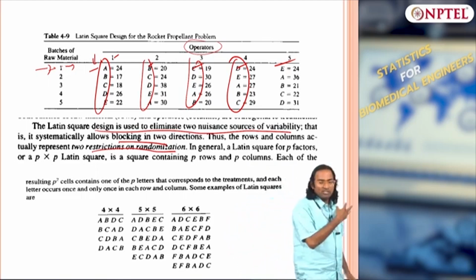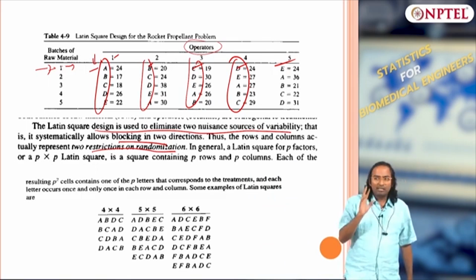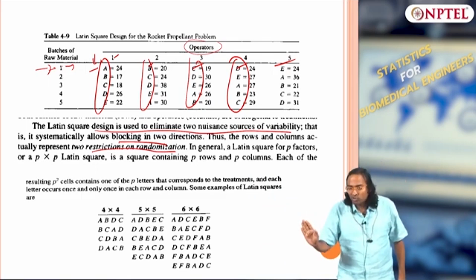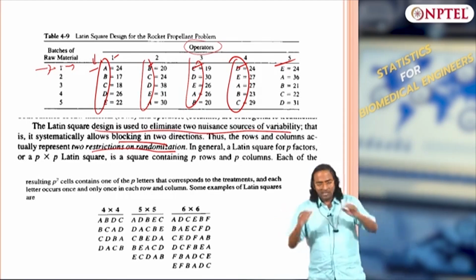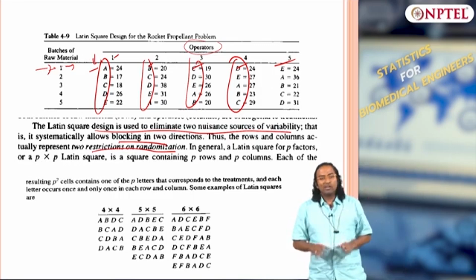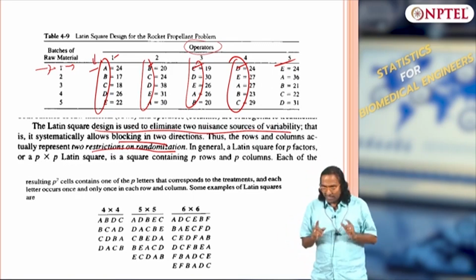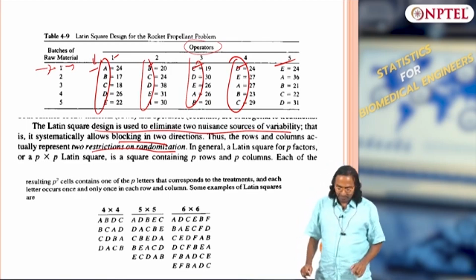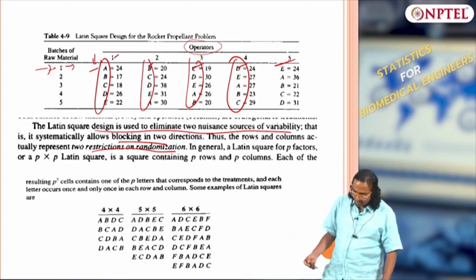So this is your square design, and you cannot go for a non-square design here. The moment you talk about 3 factors, it especially comes to a square design. You can create multiple smaller squares and compare, but it still has to be a square design. So you have 4 cross 4, 5 cross 5, 6 cross 6, etc.